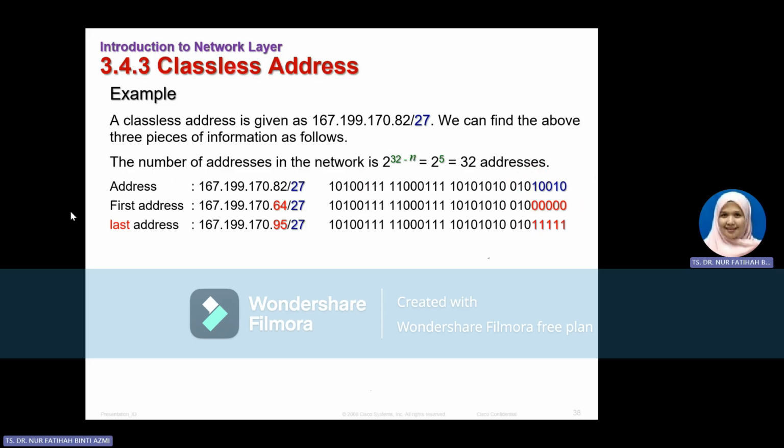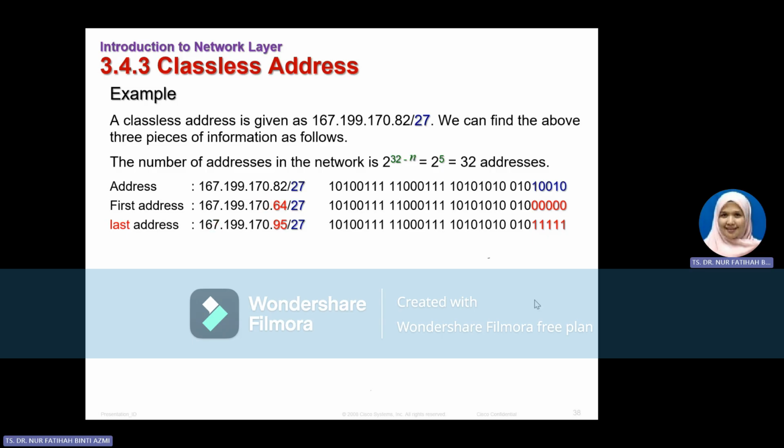So to find the first address, we set the last 5 bits to zeros, and that will give us these binary numbers, which if we translate to the IP address, we will get 167.199.170.64/27. That /27 remains the same, as it still defines the network portion.